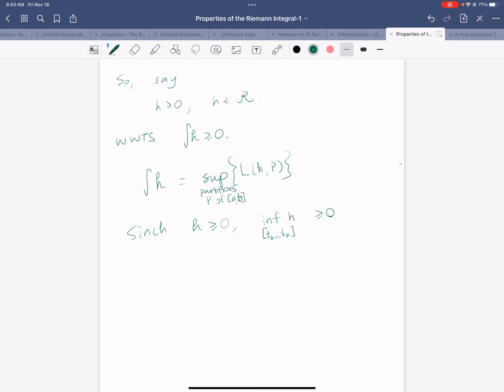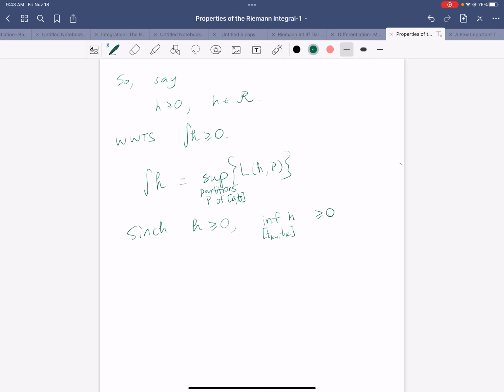So if my function is bigger than or equal to 0, if all my values are bigger than or equal to 0, then the infimum has to be bigger than or equal to 0 because 0 is a lower bound, right? And the infimum has to be bigger than or equal to any lower bound.